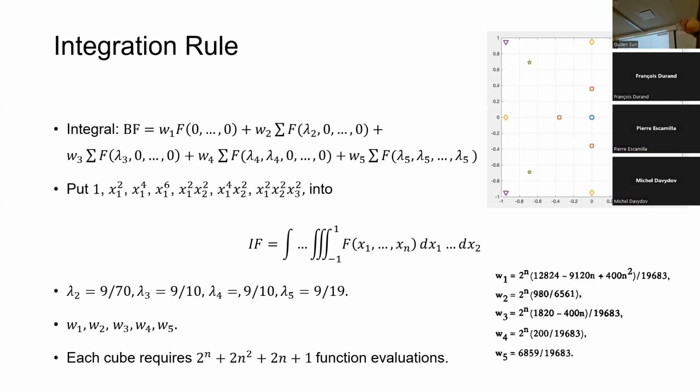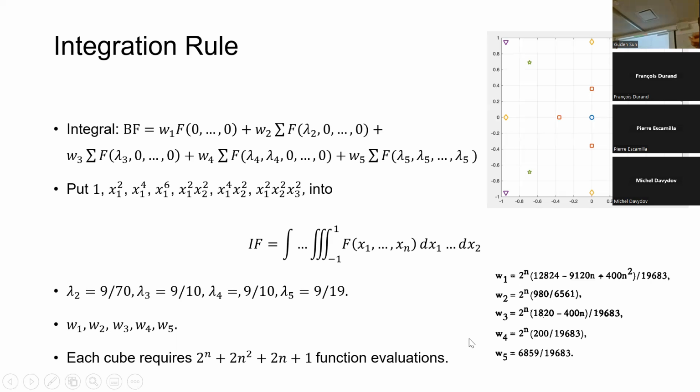Then this Genz-Malik rule gives you that the W, the coefficients for these roots, are invariant, determined only by the number of dimensions.